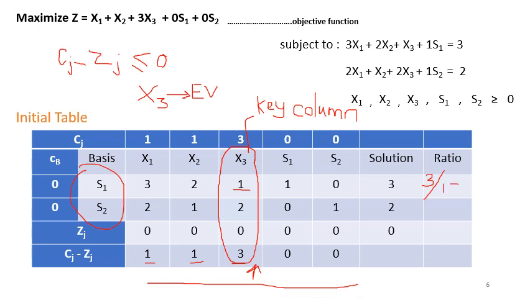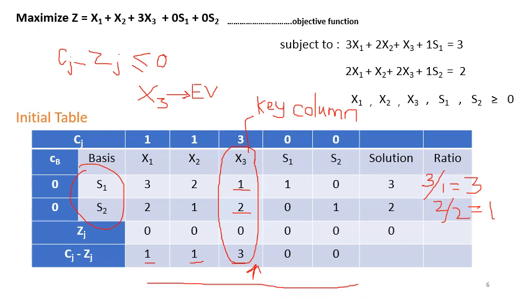This is the ratio for this row. Similarly, for this row, the solution is 2 divided by the key column element in the second row, which is 2. So 2 by 2 is equal to 1. So you get a ratio of 3 for the first row corresponding to S1, and a ratio of 2 by 2 equal to 1 for the row corresponding to S2.